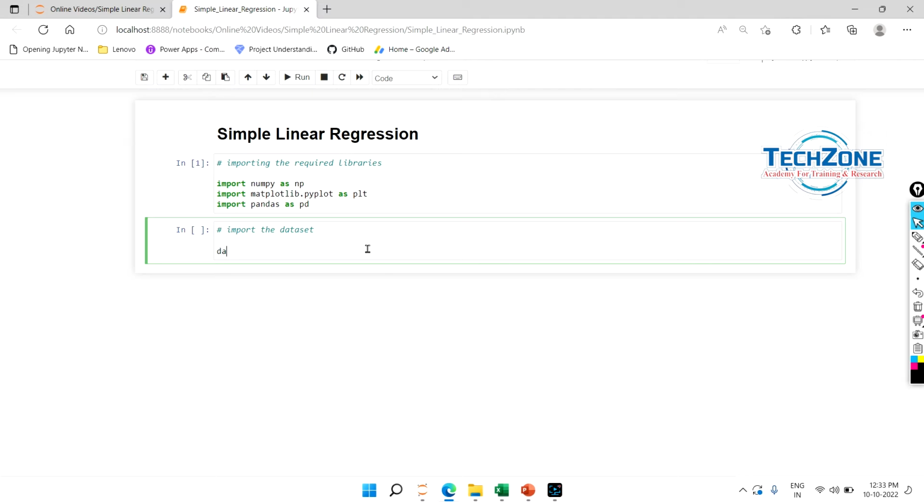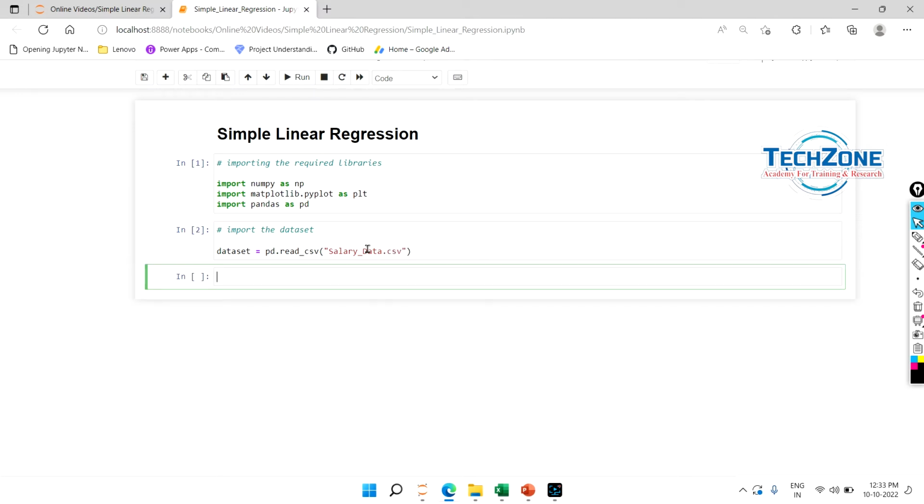Let us write it as dataset. Dataset is equal to pd.read_csv, and the name of the file is salary_data.csv. I'll execute this.